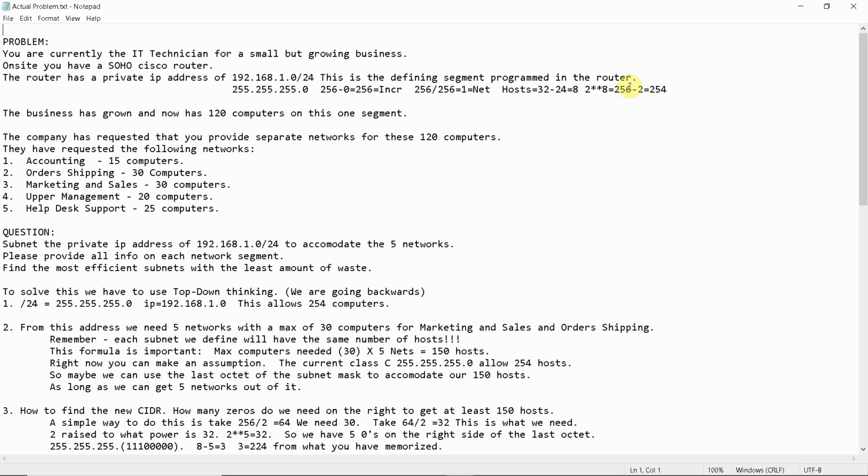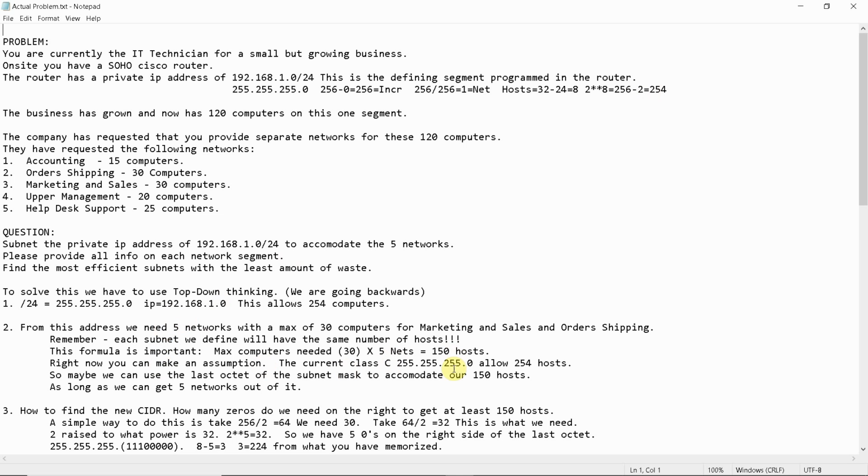Now that falls right into what we have. So it's going to work here without us having to go into a Class B network, or Class A. So you can make an assumption.